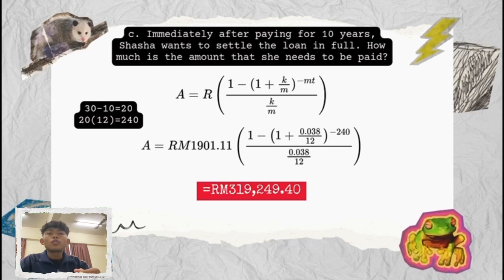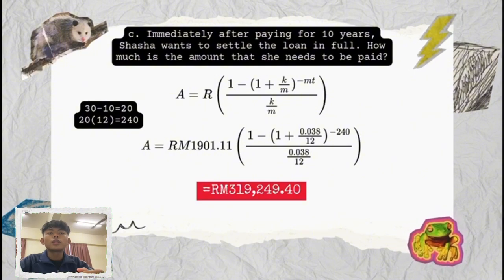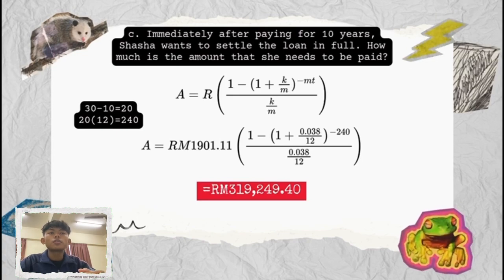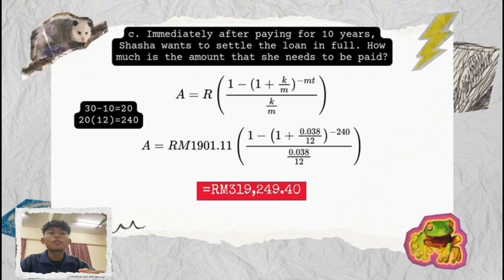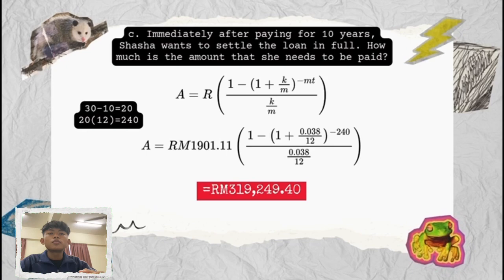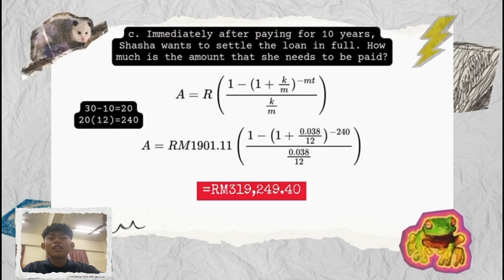So we insert the number 1,901 ringgit 11 cents, and after that 1 minus 1 plus 0.038 over 12 power negative 240, over 0.038 over 12. So the final answer we get is RM 319,249.40. The final answer we get is 319,249 ringgit and 40 cents.